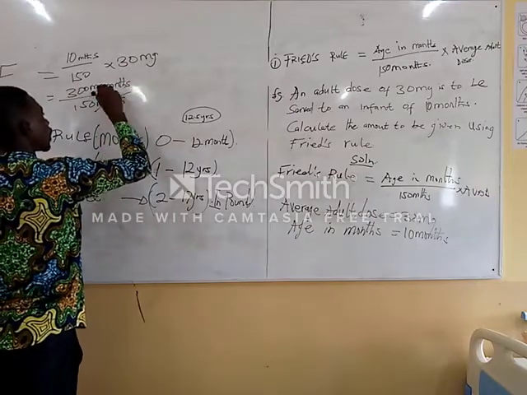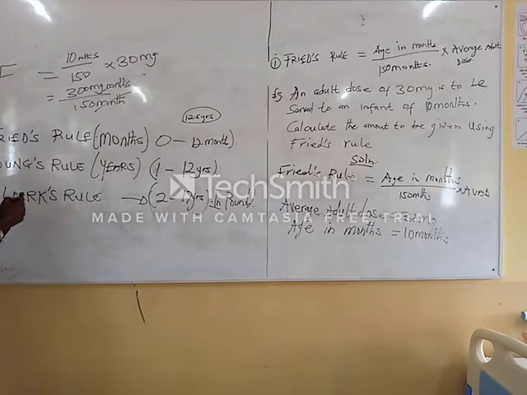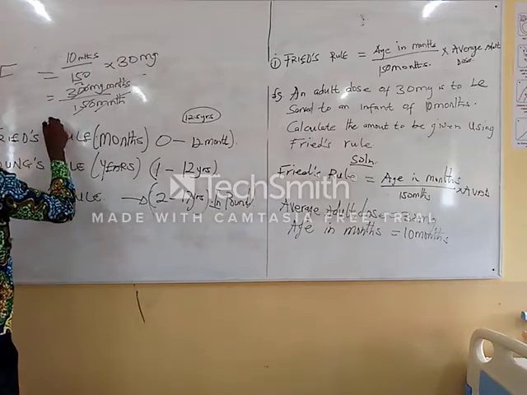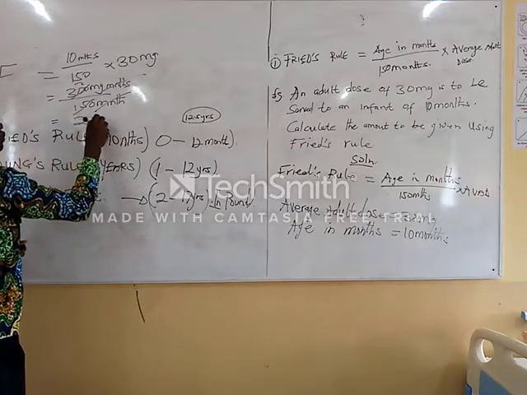So this month will cancel this month, remaining these values. 150 goes into 300 two times, so the amount to be served is 2 mg.